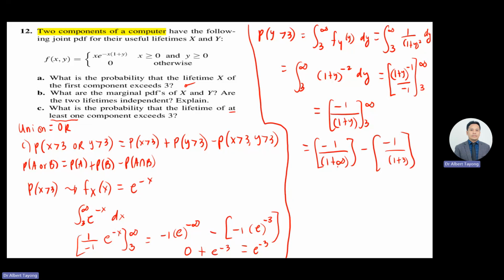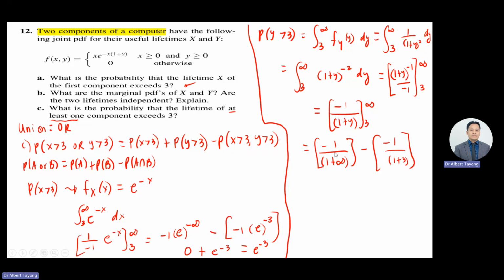So please take note that we have positive infinity below: negative 1 over 1 plus positive infinity. Try a big number here, for example 10,000; it is going to approach 0. So negative 1 over, for example, 10,000, approaches 0.